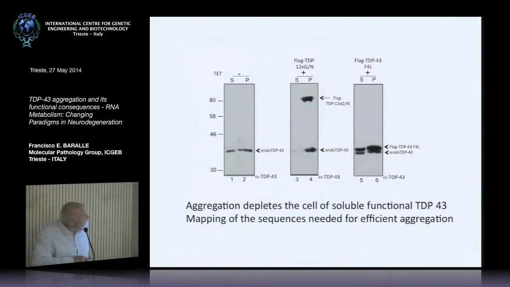And this is not a problem of overexpression, because if you overexpress a TDP that doesn't bind itself, so RNA mutant, so no effect on self-regulation, but doesn't have the aggregation peptides, you get normal amounts soluble and insoluble. So what is in the TDP-43 molecule that is causing this enhanced efficiency in sequestering?